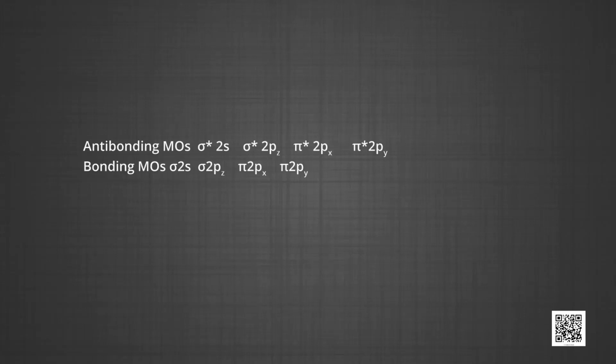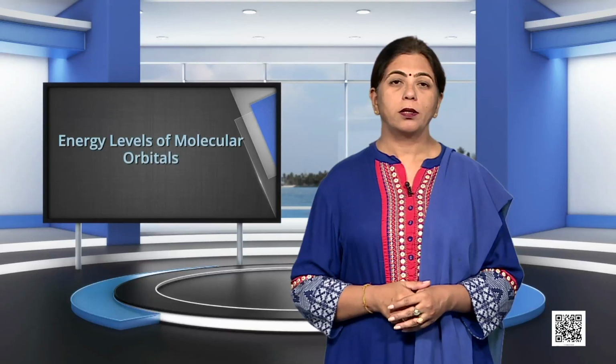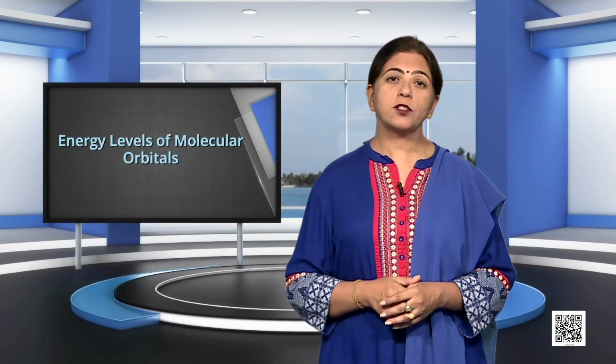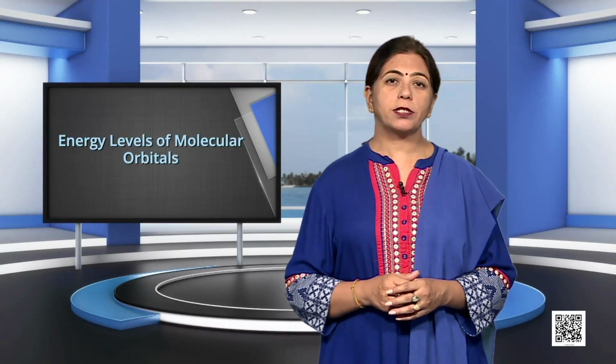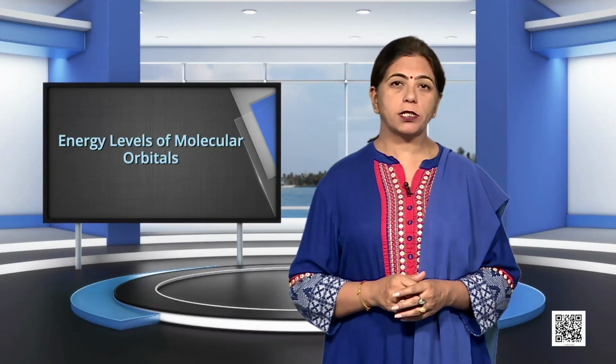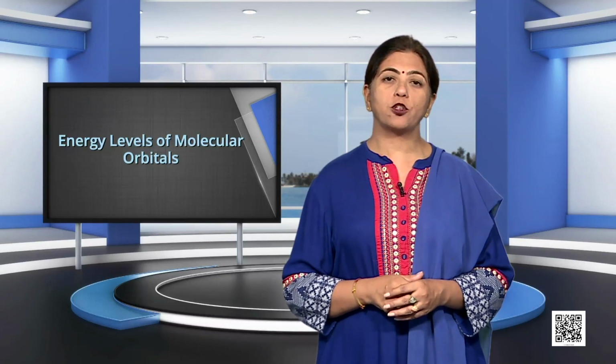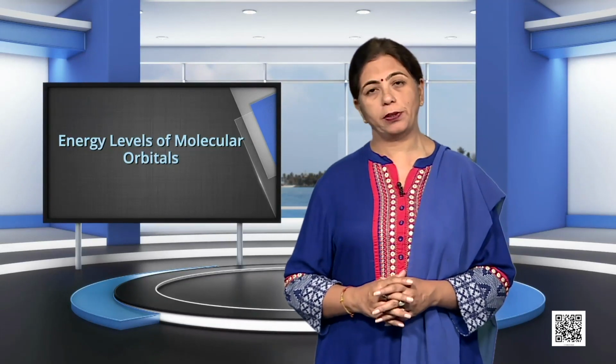Bonding molecular orbitals: sigma 2s, sigma 2pz, pi 2px and pi 2py. The energy levels of these molecular orbitals have been determined experimentally from spectroscopic data for homonuclear diatomic molecules of second row elements of the periodic table.